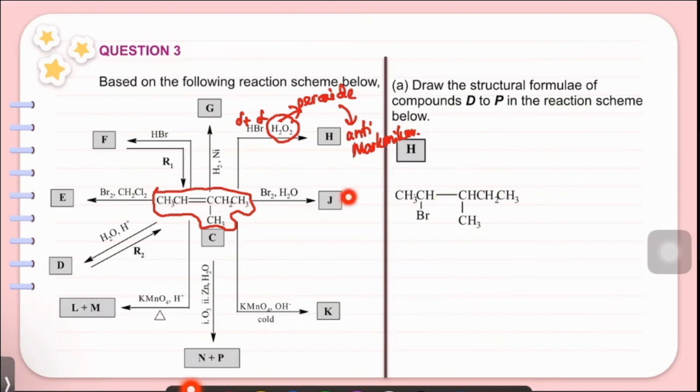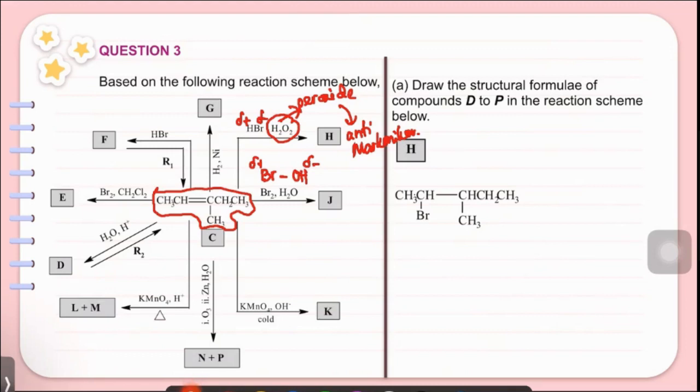And then for the structure J, addition of Br2 in water to the compound C. So yang akan masuk adalah Br dan juga OH. So region more electropositive is Br, while OH is more electronegative.